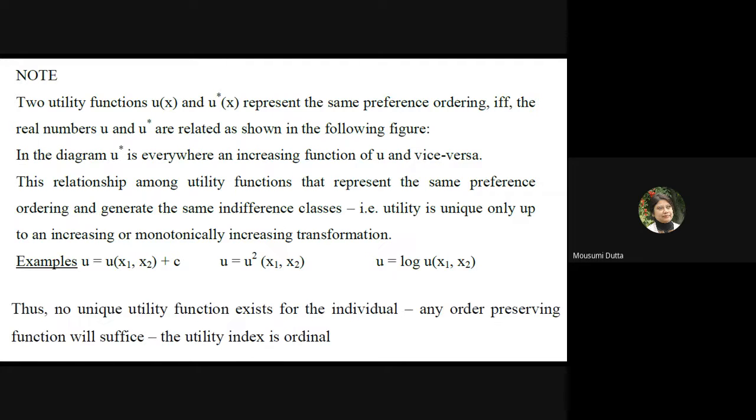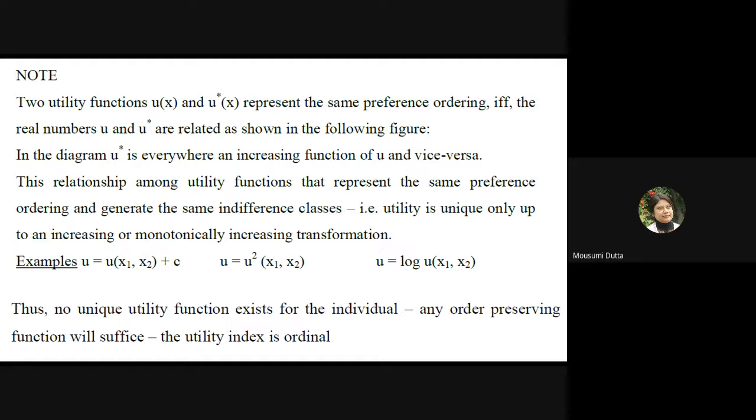The mathematical functions are different. In one case, I'm linearizing the function when I consider the logarithmic transformation. In another case, I'm considering a quadratic. In the first case, I'm directly considering U as a function of x1, x2 plus a constant, say.